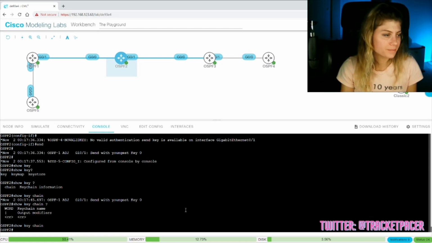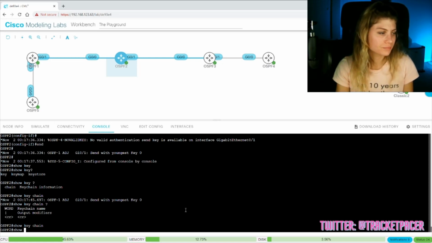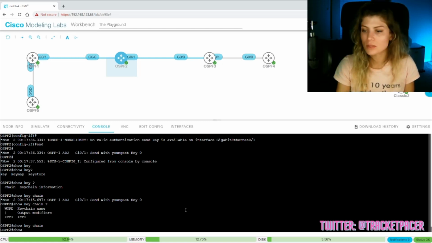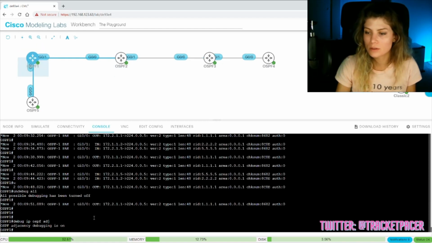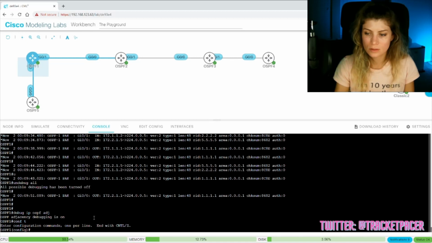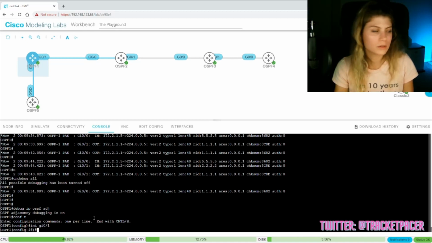Nope, that's not right. Okay, let me just see what happens on OSPF 1. Interface 0/1, I'm going to do this interface.